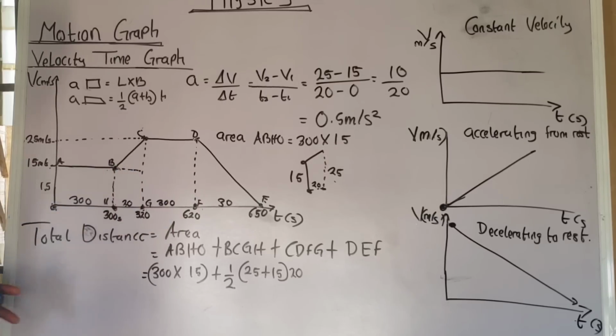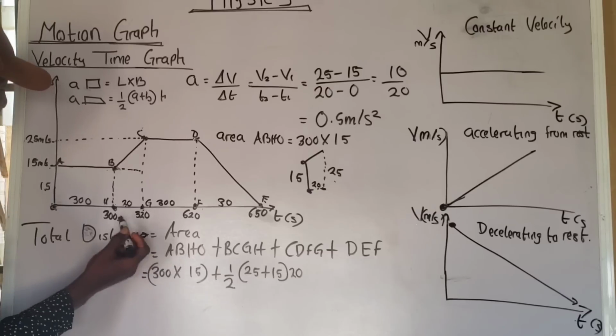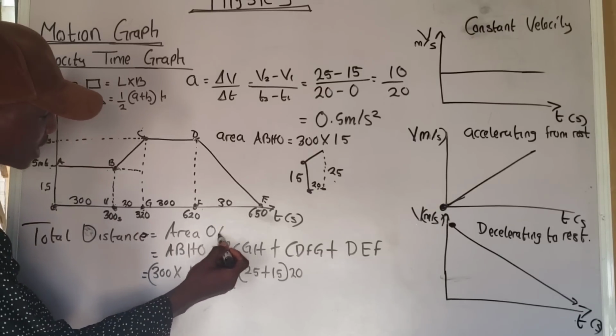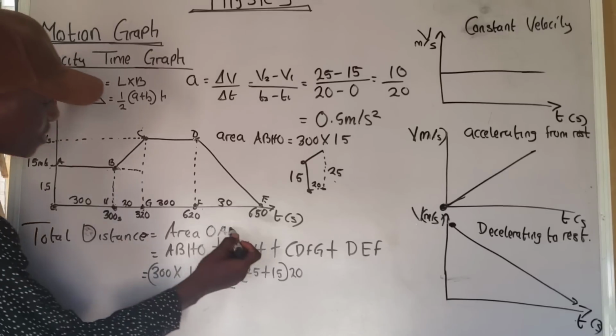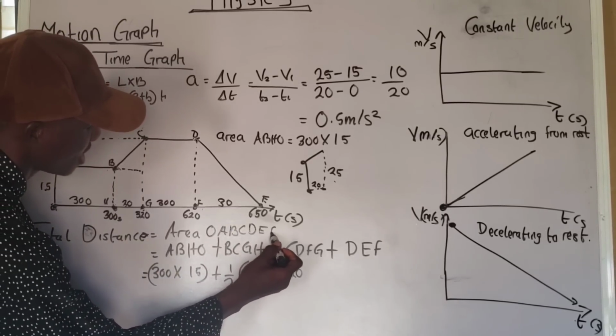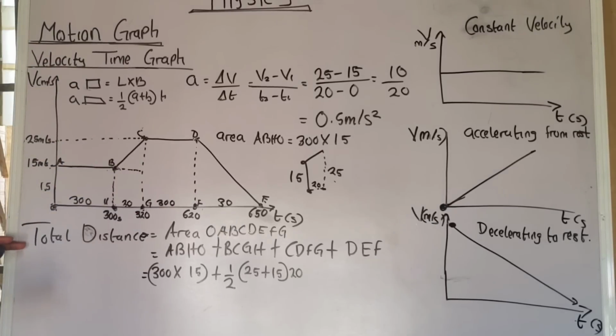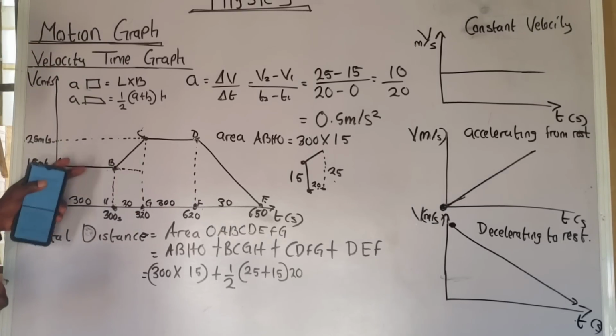Since total distance is equal to the area, the total distance is equal to the area OABCDEFG. So I'm calculating the area one by one.